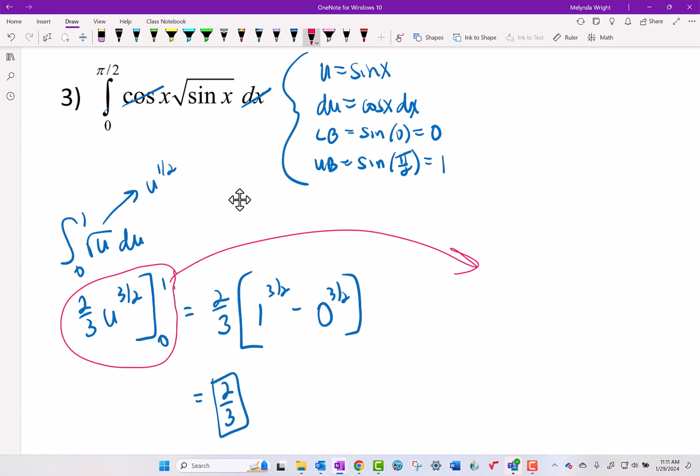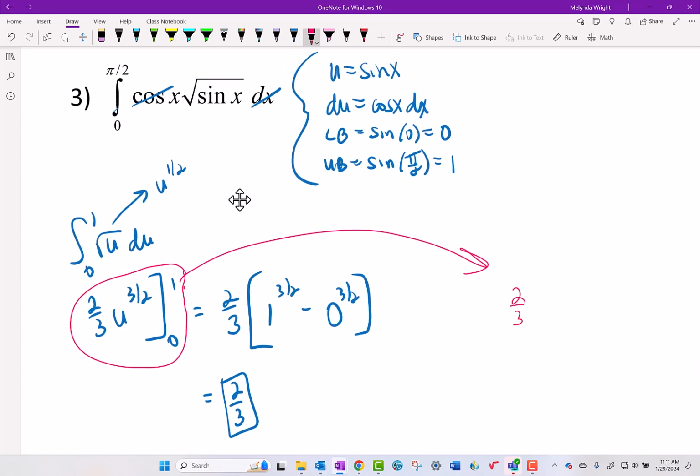Remember that? Yeah, you could put the u back in. You could say, oh, this is 2/3, and u was sine x, raised to the 3/2, and then you would evaluate it with the x bounds, which is 0 to pi over 2. And you could totally do it that way, and you're going to get the same answer.